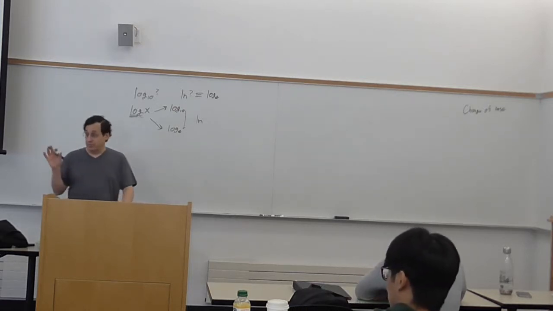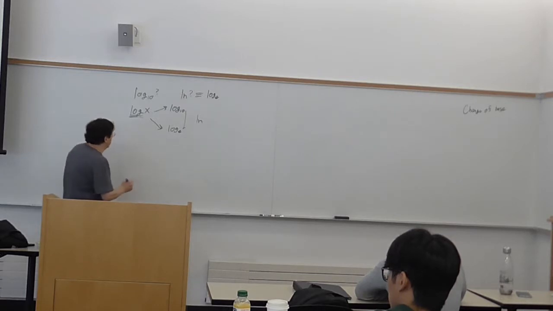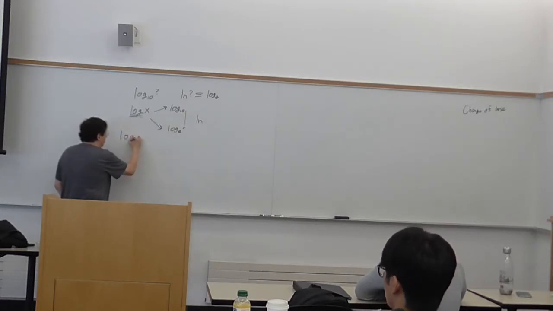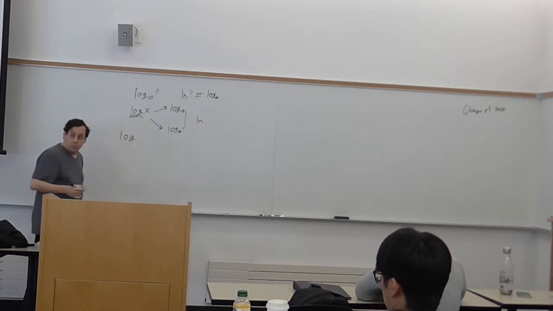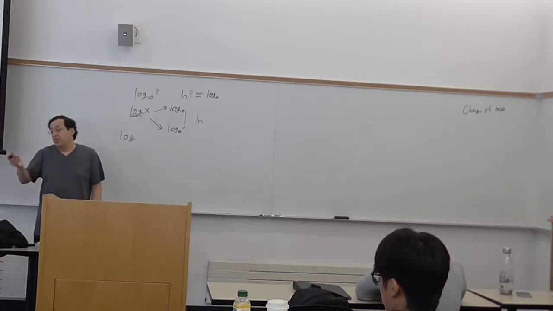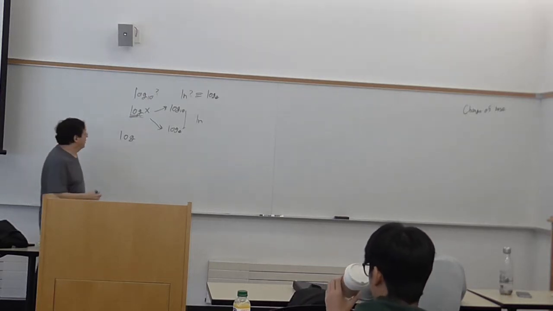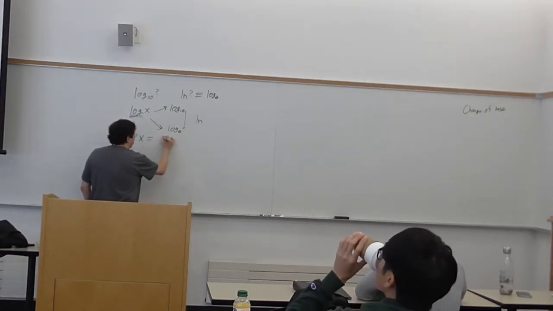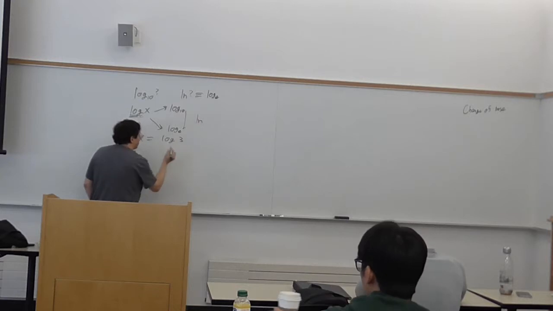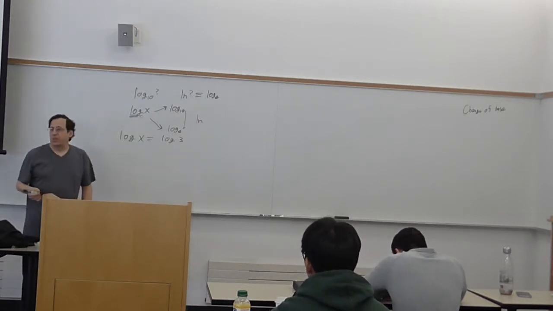And sometimes there is one exception, where it's unimportant what the base is. Then you can just write log. In other words, if I said log of x equals log of 3, it doesn't matter what the base is.